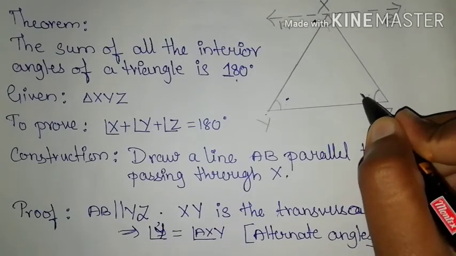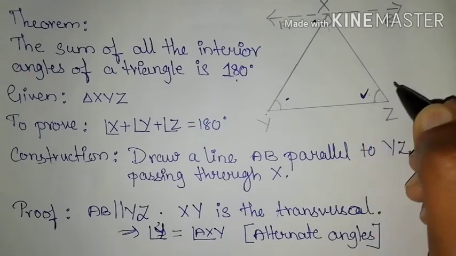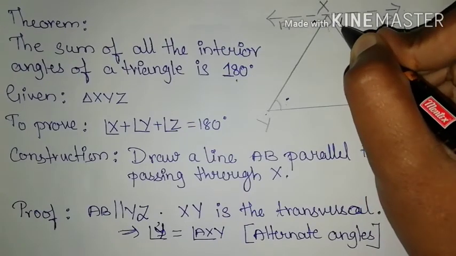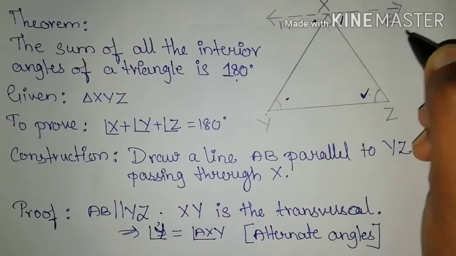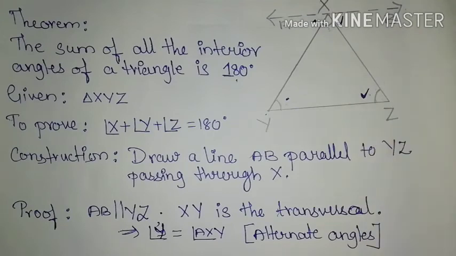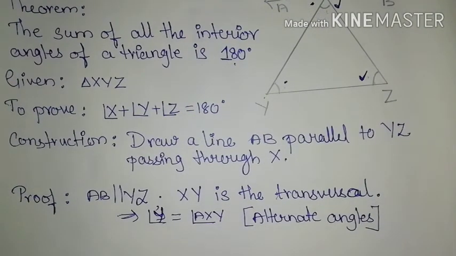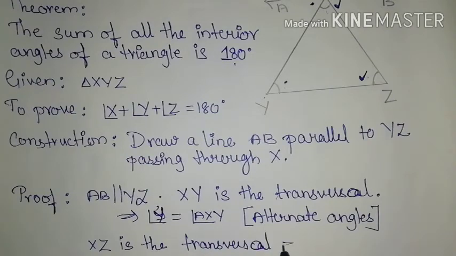Now if you look here, angle Z will be equal to angle BXZ because they are also alternate angles. So let us write that down. XZ is the transversal. This implies angle Z is equal to angle BXZ.